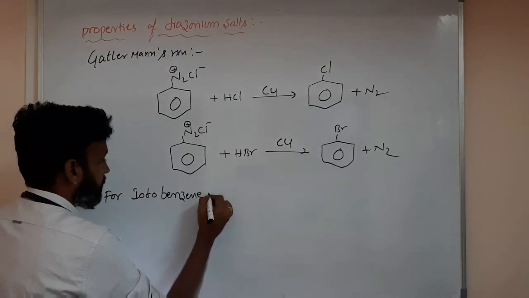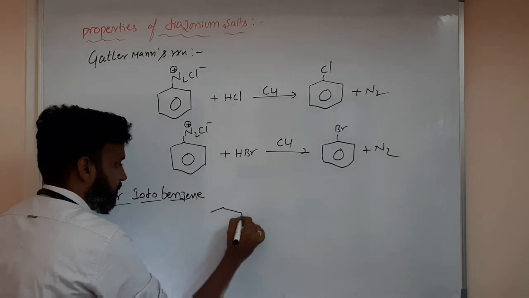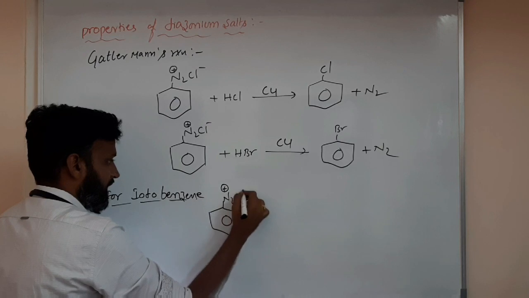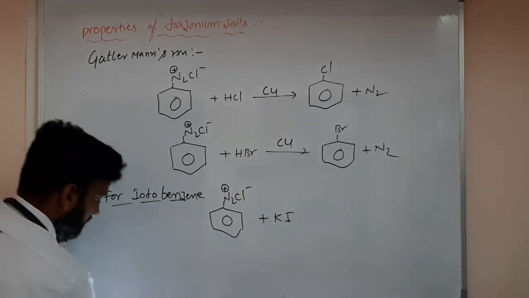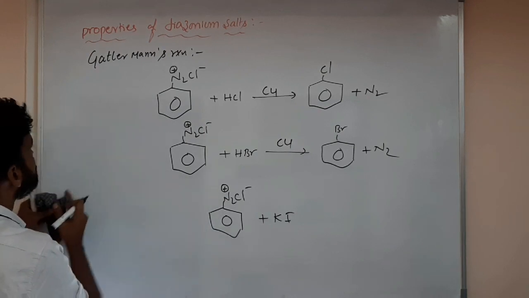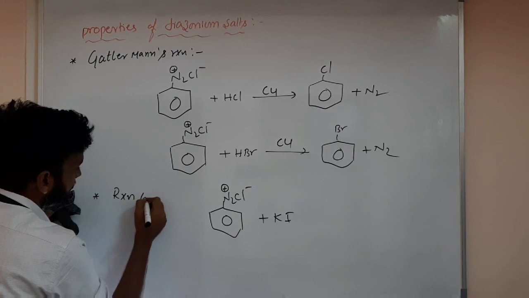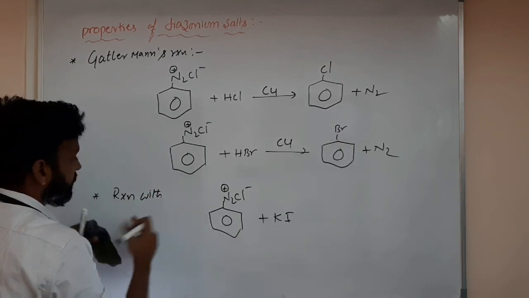For iodobenzene, there is no need for all these things. Just C6H5N2+ Cl-, when reacted with KI, is enough. So, writing the properties after the Gattermann reaction: reaction with potassium iodide.